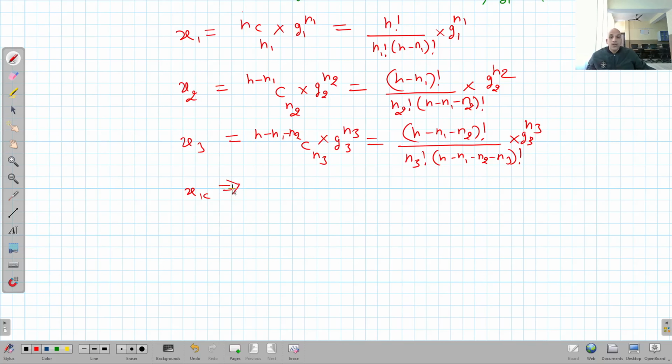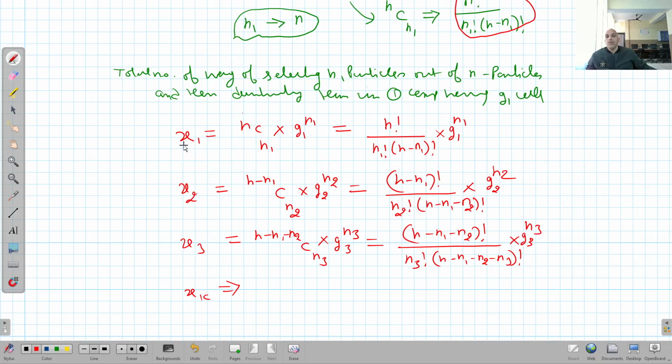So now what are these x? These are the number of meaningful ways of arranging n1 particles in z1 cells, n2 particles in z2 cells, along with the number of ways of selecting these particles out of the n particles.